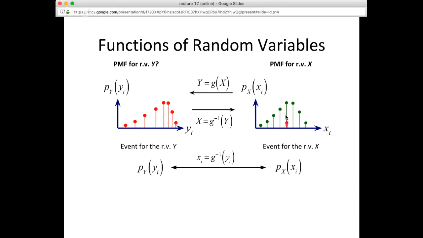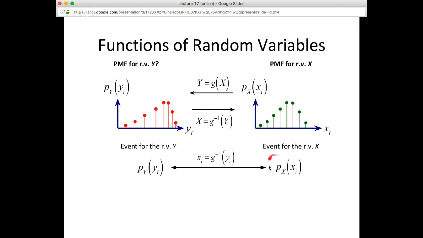So in 100 trials, we're going to get maybe 10 of these events occurring on average. If this event occurred 10 times out of 100 trials, then we would expect that whatever the corresponding event was over here in the y domain would also occur 10 times, right? Because essentially this functional relationship is taking that event that occurred 10 times in x and translating it into an occurrence in y 10 times.